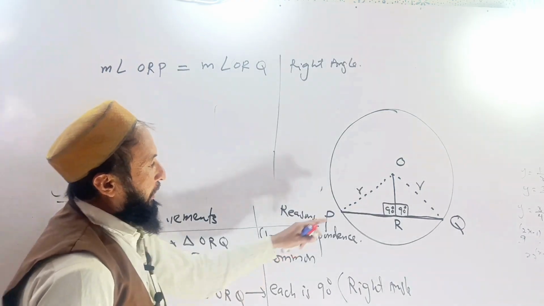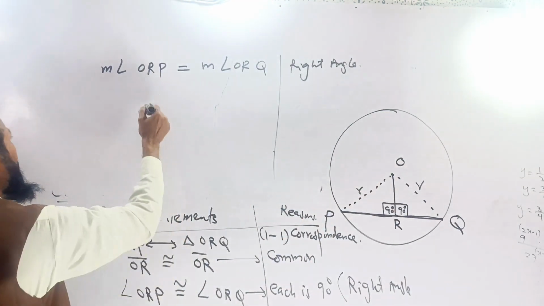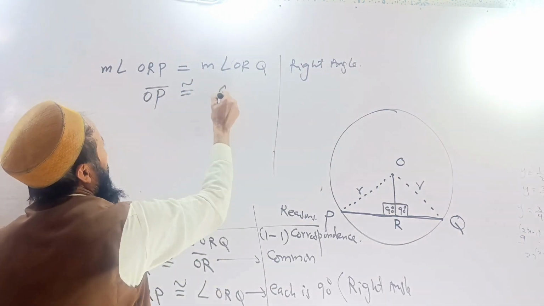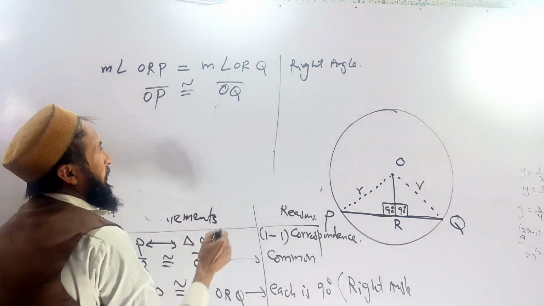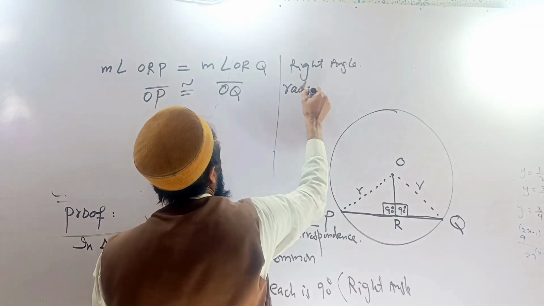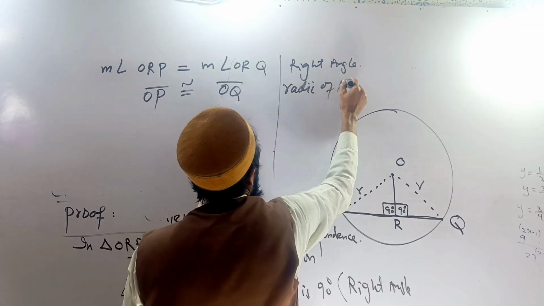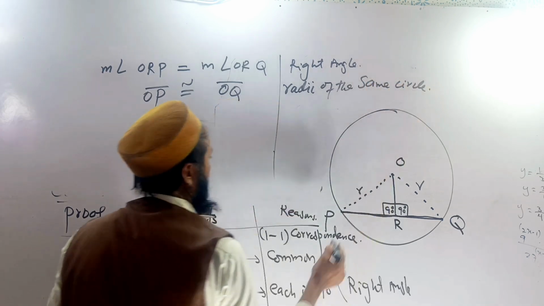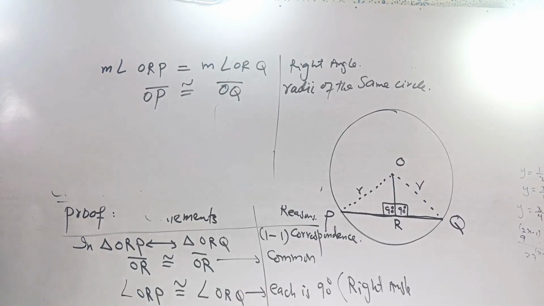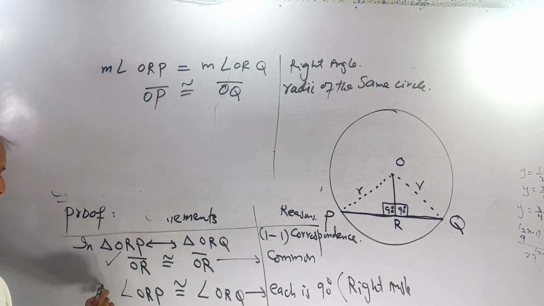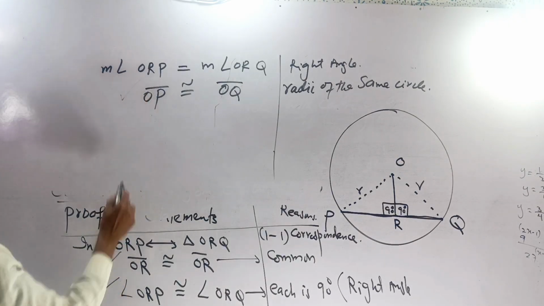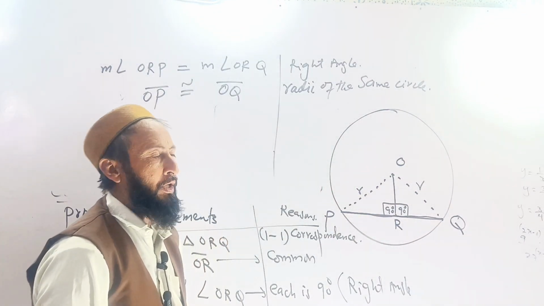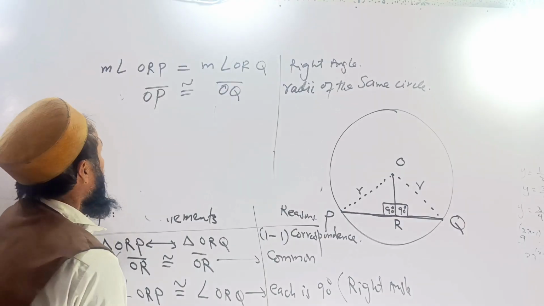Similarly, comparing their radii, OP is congruent to OQ, since both are radii of the same circle. So we get one side and an angle and also another side. Since this is a right-angled triangle, we use the RHS postulate.